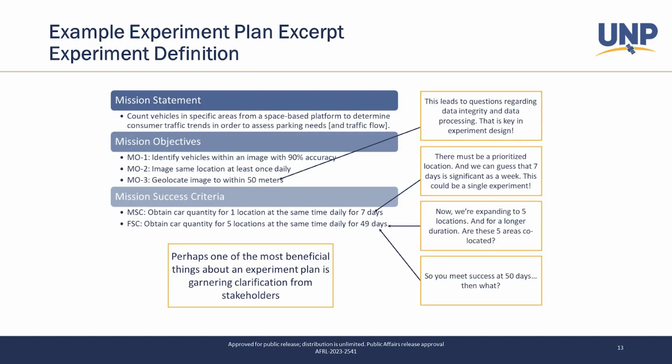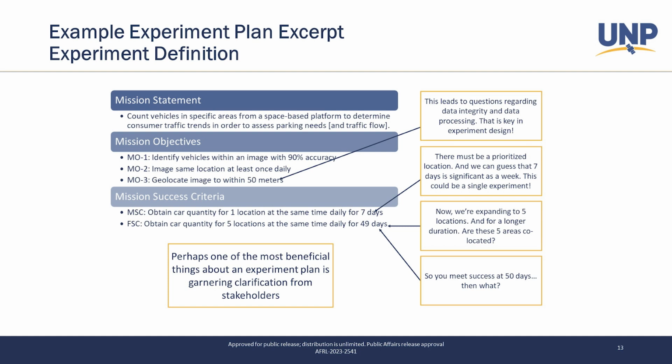So moving on into our next slide here, we'll start to break down our example. So again, mission statement, objective, success criteria. There's clues in each of these items, a few of which I've called out, that'll start to guide us to how we design our various experiments. The first call out I have here, there's a part of the mission objective that's very specific about geolocating images to within 50 meters.